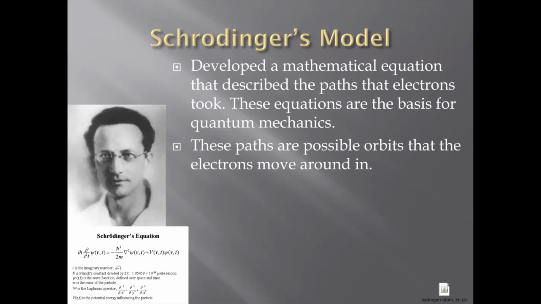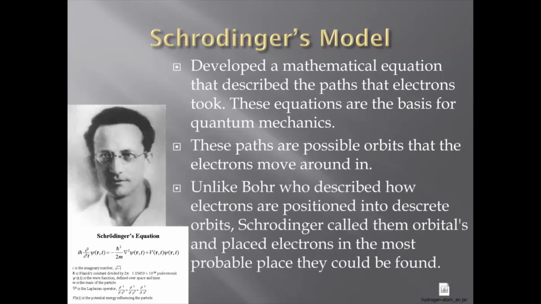But there's a little bit of difference between what Bohr's model states versus Schrodinger's model in terms of quantum mechanics. Bohr placed them in discrete energy levels, whereas Schrodinger calls them orbitals and places electrons in the most probable place that they can be found.